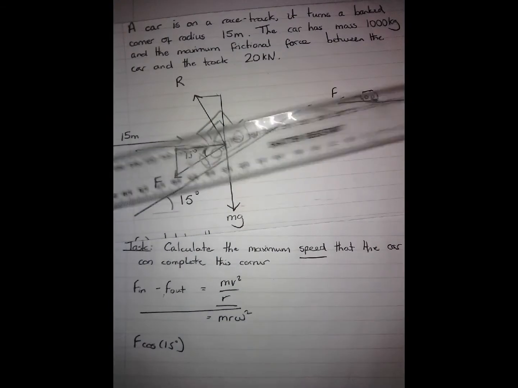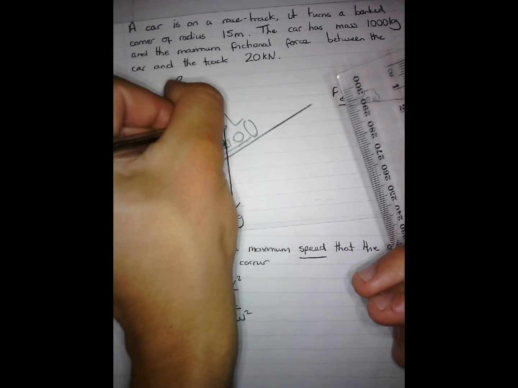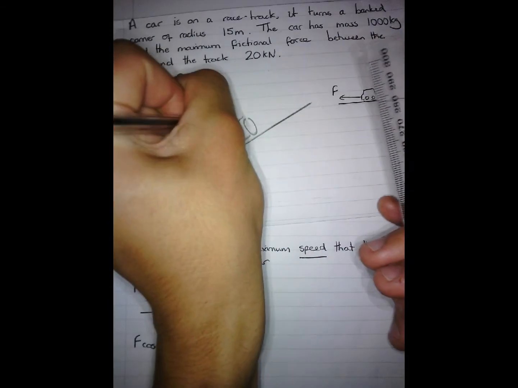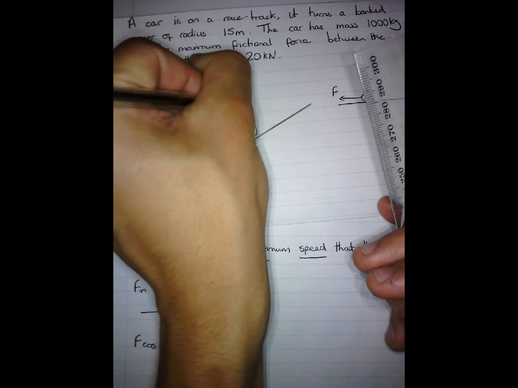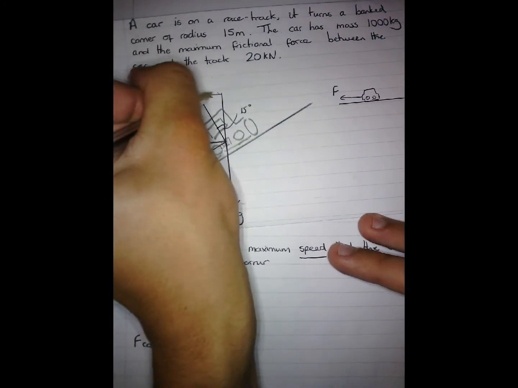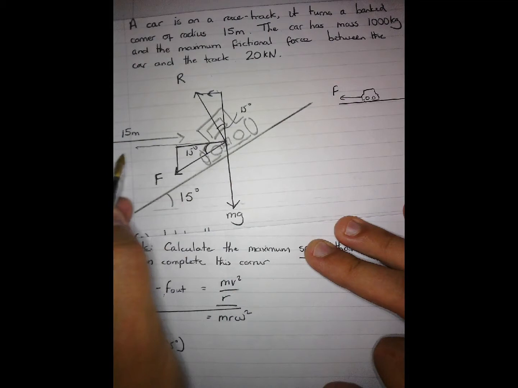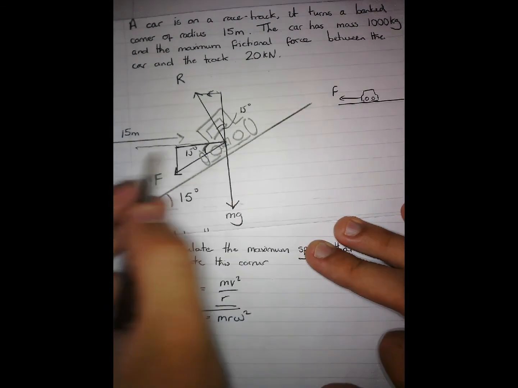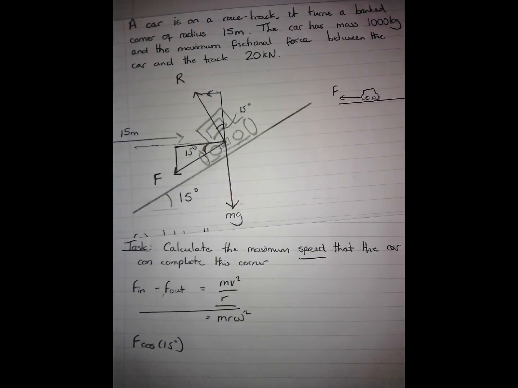From those rules of geometry, you can see that this angle there is 15 degrees. Which component are we interested in? This one or this one? It's going to be this top one here, because that is the only component which is acting towards the centre of the circle. This line here, it's parallel to this line that's towards the centre of the circle.